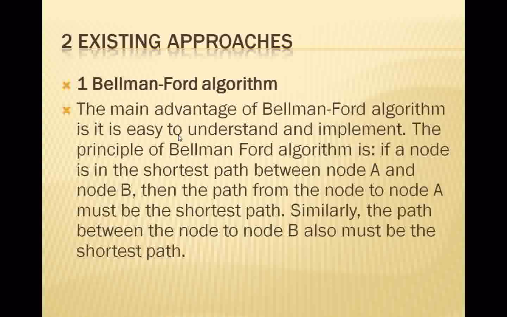The main advantage of the Bellman-Ford algorithm is that it is easy to understand and implement. The principle of the Bellman-Ford algorithm is, if a node is on the shortest path between node A and node B, then the path from the node to node A must be the shortest path. Similarly, the path from the node to node B also must be the shortest path.